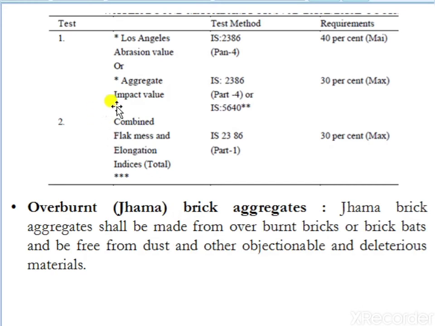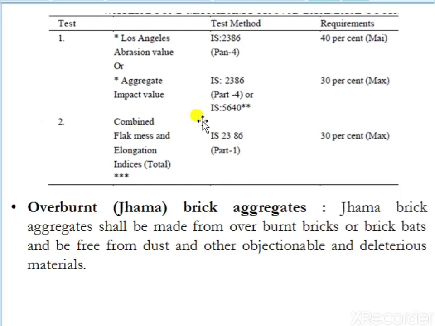So here in this table, we have the requirements for the coarse aggregate. If the coarse aggregate is tested in the lab, what should be the abrasion value, or abrasion strength, what should be the impact value, and what should be the flakiness and elongation index.